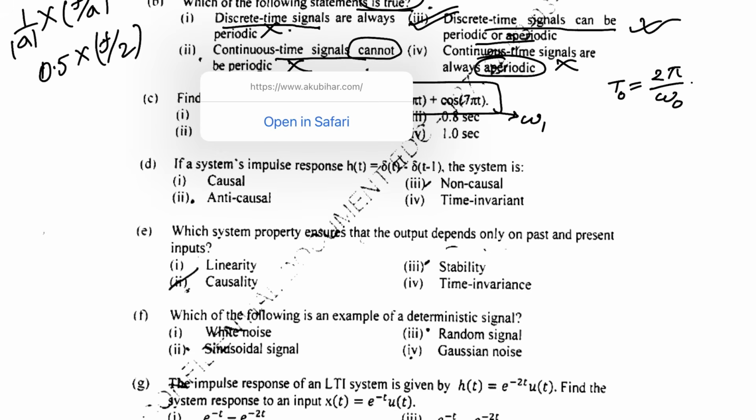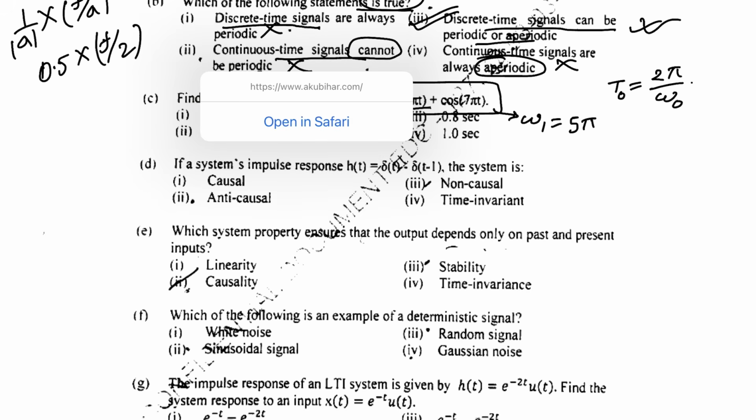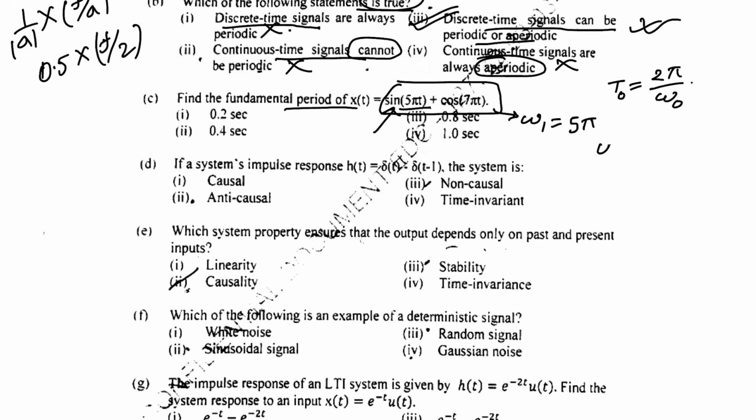This is ω1. ω1 will be equal to how much? This is 5πt, meaning ωt, so this will be 5π. What is ω2? ω2 is this one, 7πt, so this will be 7π. Now, for checking the periodicity, we need to take the ratio of ω1 by ω2, and it must be a rational number.